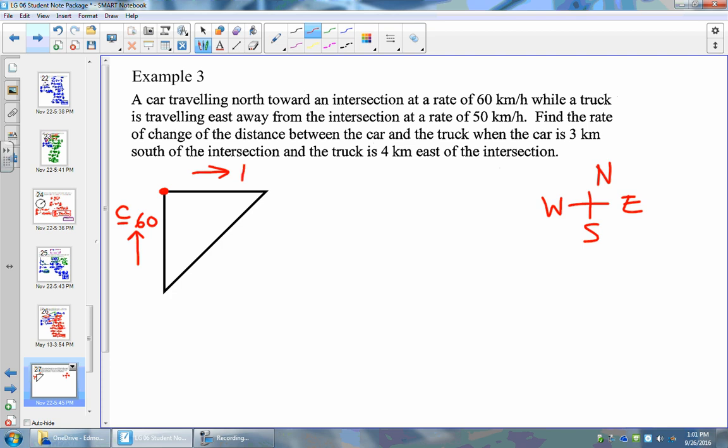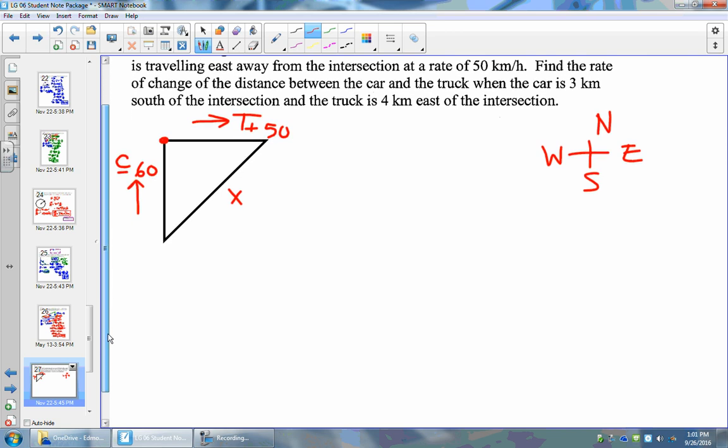The truck is traveling away from the intersection at a rate of 50, which means it's a positive. Find the rate of change of the distance between the car and the truck, right here, when the car is 3 kilometers south and so on.